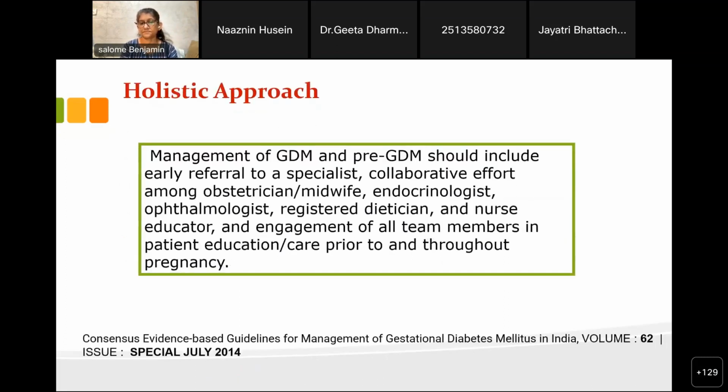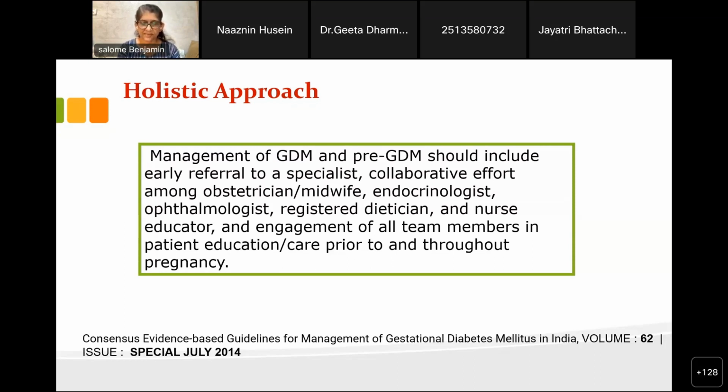The management of GDM, pre-GDM, I think is a collaborative effort between the endocrinologist, obstetrician, dietitian, and educator, I feel. And what the patient needs at this point is more of a holistic approach. Education is what we are looking at. Salome ma'am, any inputs from your side?